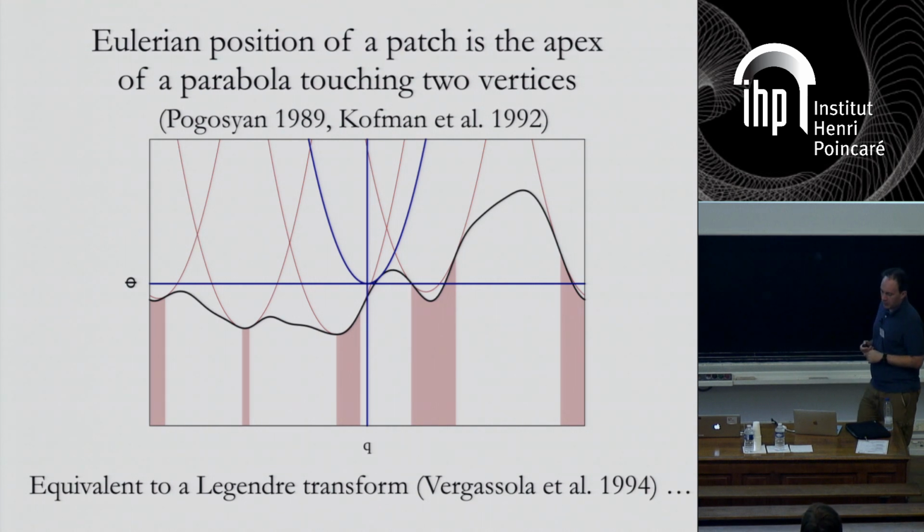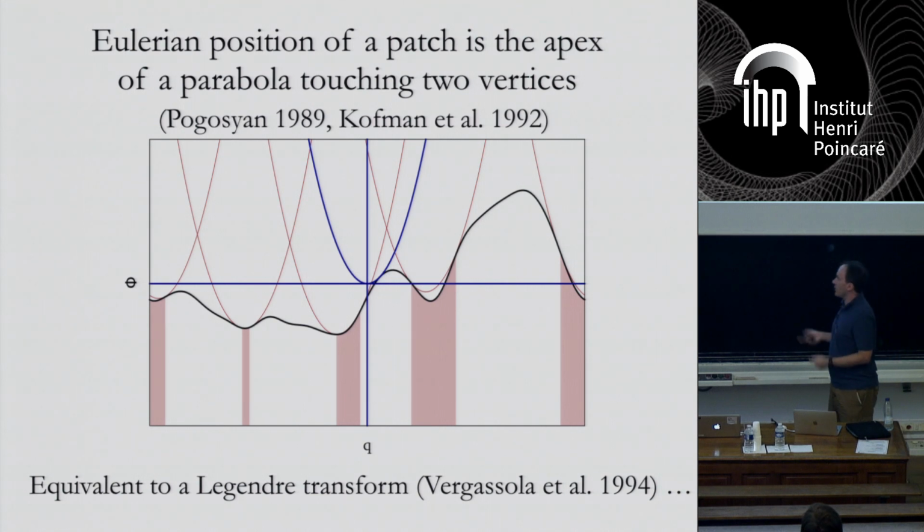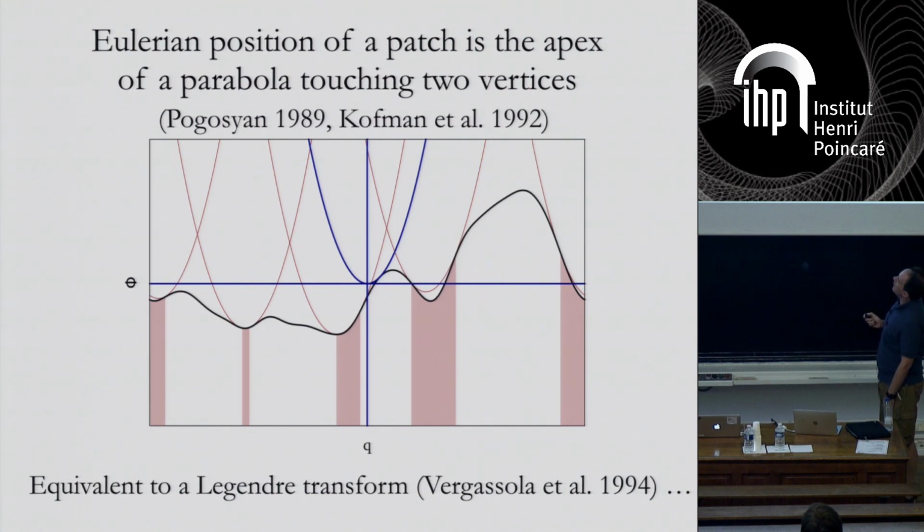I didn't explain in great detail how that works, but one intermediate step to the geometric thing that I'm going to talk about is this parabolic construction that emerged from the work of Pogosyan, Kaufman and others. So this is a one-dimensional universe. You probably have little idea what all this stuff is, but this black curve is the potential.